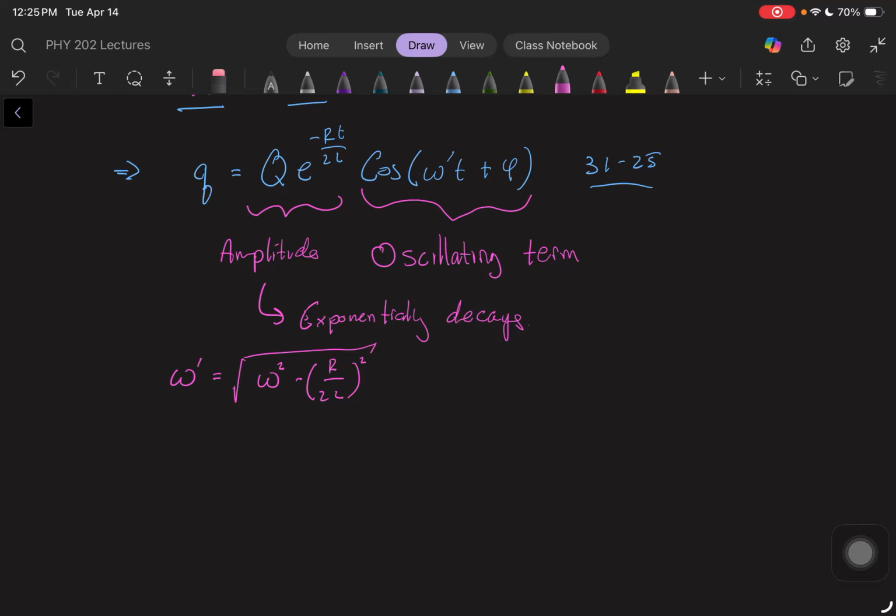Okay, and so let's see, does this make any sense? And of course, omega is just the resonant frequency for an LC circuit. A lot of times people see this expression and go, well, what the hell? Why isn't capacitance involved in this?